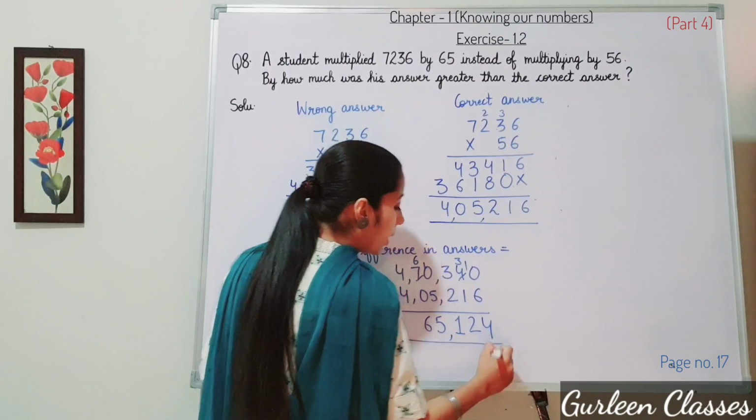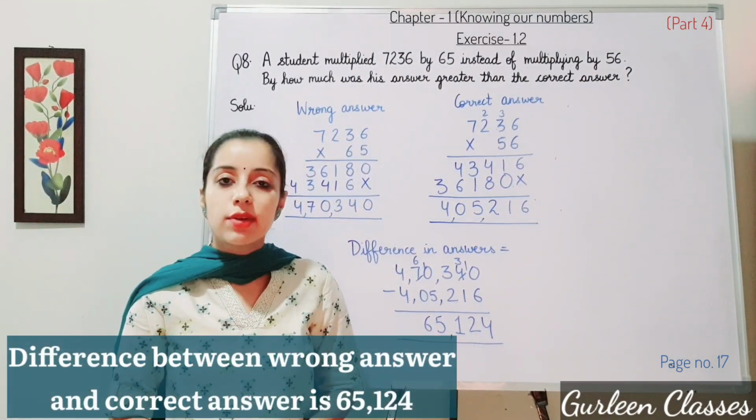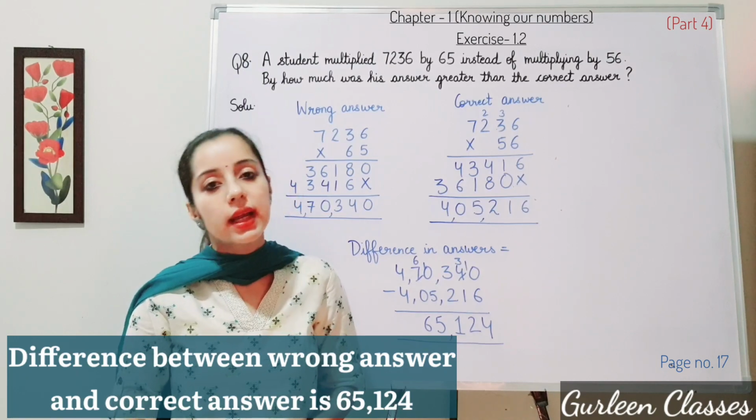So the answer is coming 65,124. So this is the difference between the wrong answer and the correct answer.